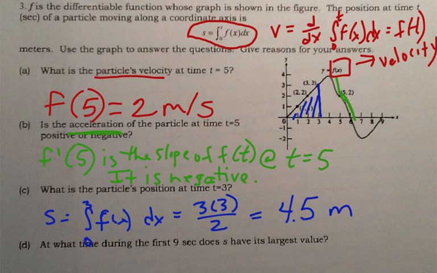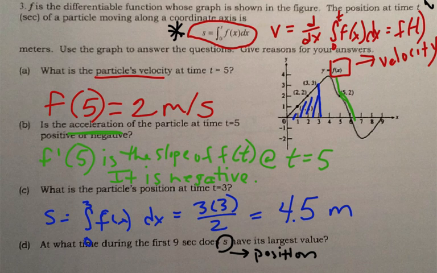Okay. Now, last part D. At what time during the first 9 seconds does S have its largest value? Okay, keep in mind, S means position. So when is my position the biggest? Well, the position is represented by this integral.